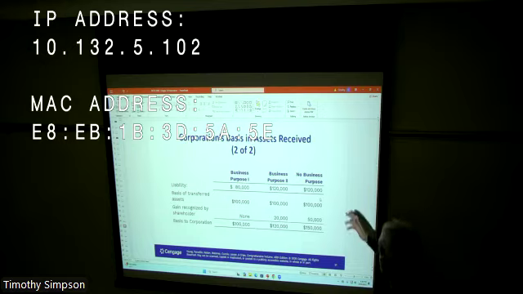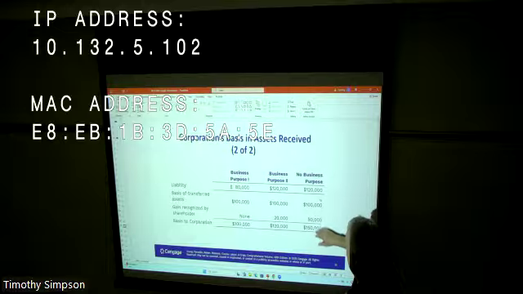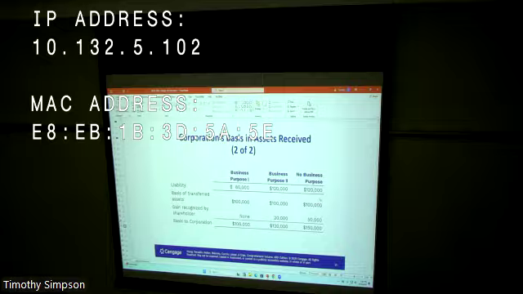Then the final one was no business purpose. And when there's no business purpose, what's going on is the basis is the entire amount, the fair market value of the property being transferred. The basis still remains the same, and the gain to the shareholder is simply that difference between fair market value and basis.